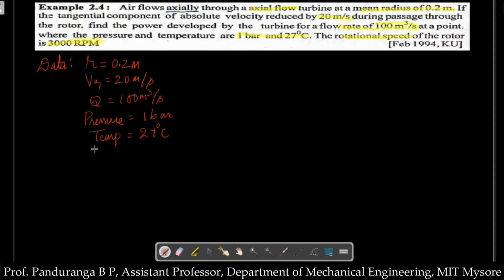And the rotational speed is given. So I'll denote it by capital N, which is 3000 rpm. Now we need to find out the power developed by the turbine.